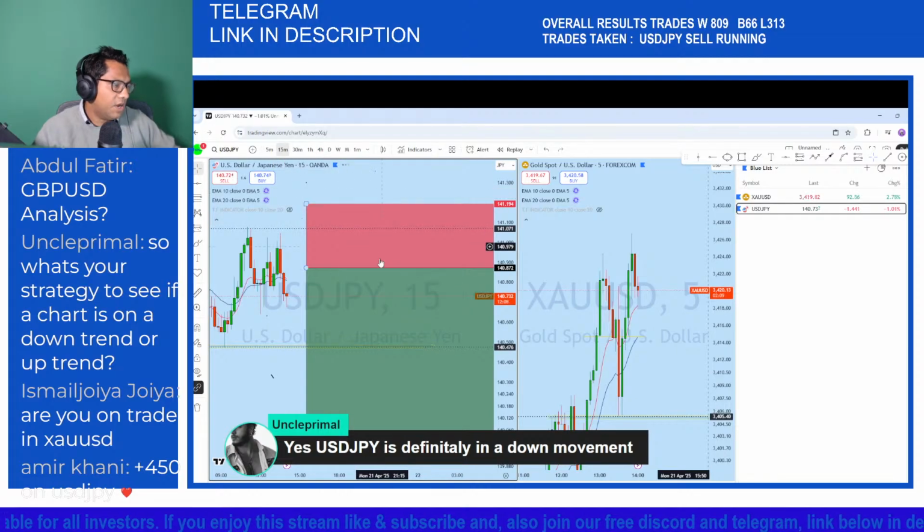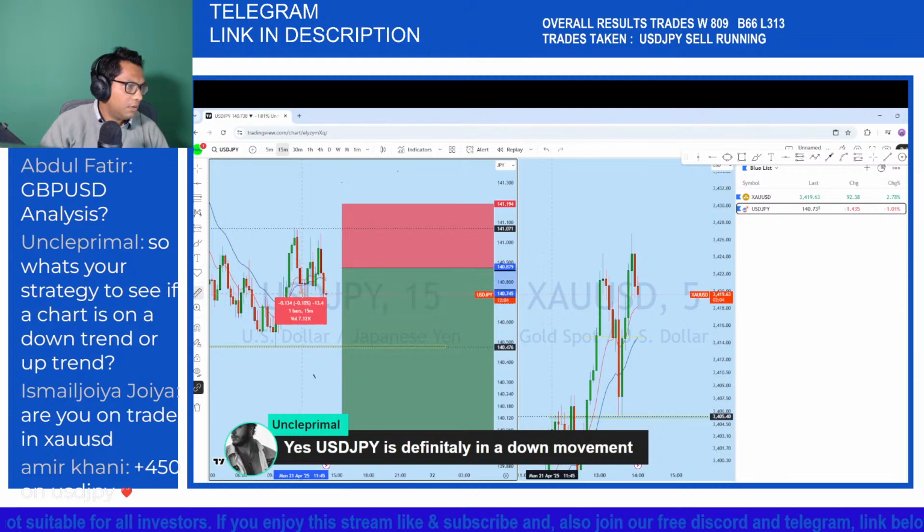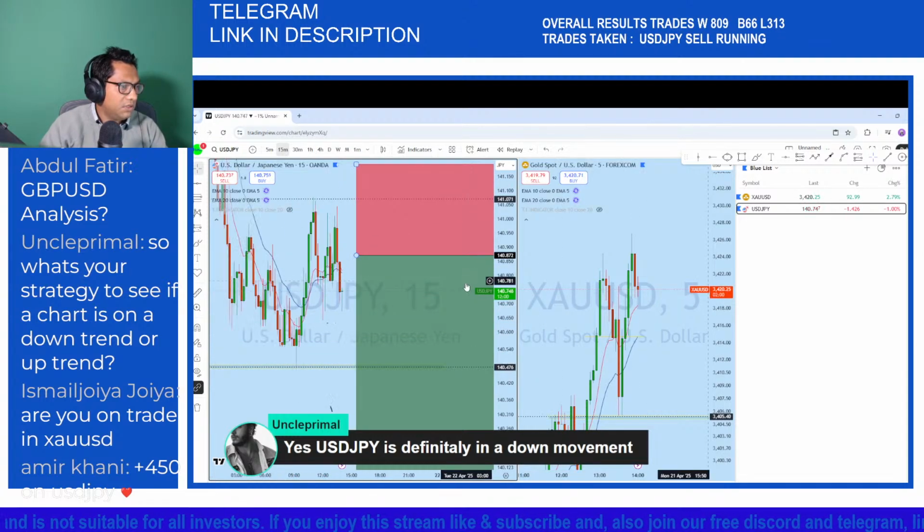So we see that the market has broken around 15 to 16 pip from that resistance line.